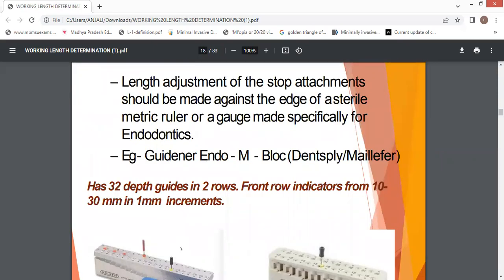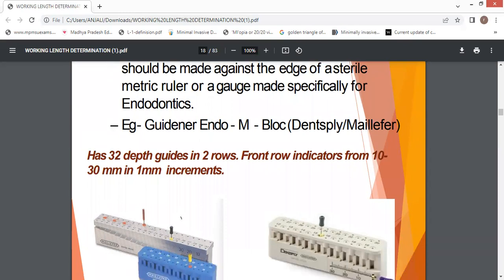Length adjustment of the stop attachments should be made against the edge of a sterile metric ruler or a gauge made specifically for endodontics. Example: the Guidance Endo M Block, made by Dentsply Maillefer, has 32 depth guides in 2 rows.